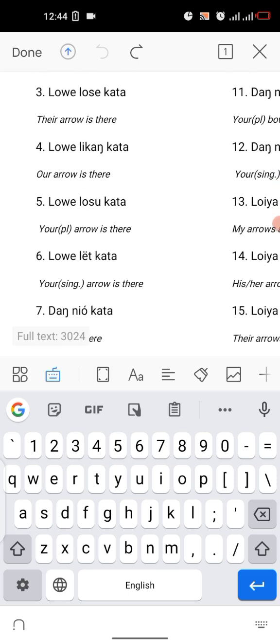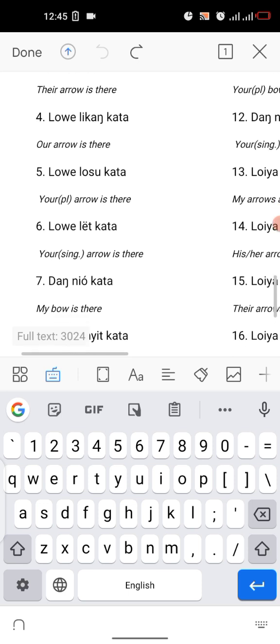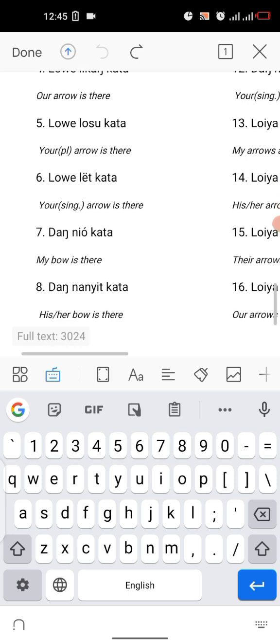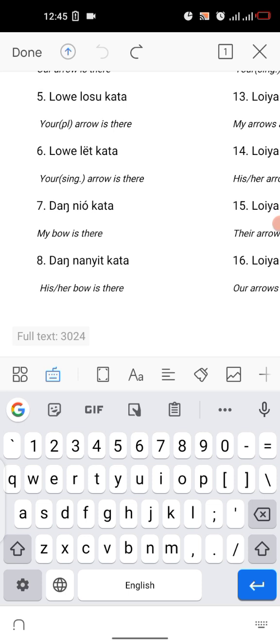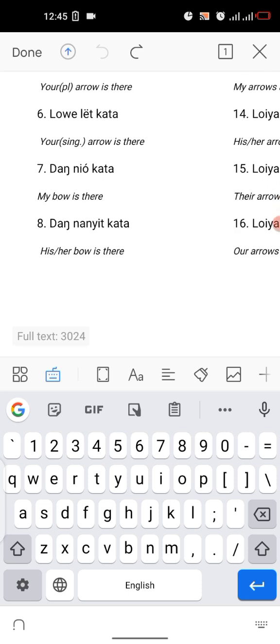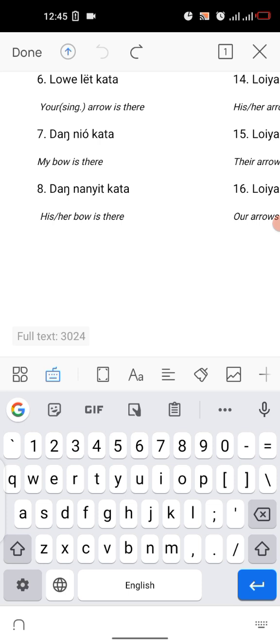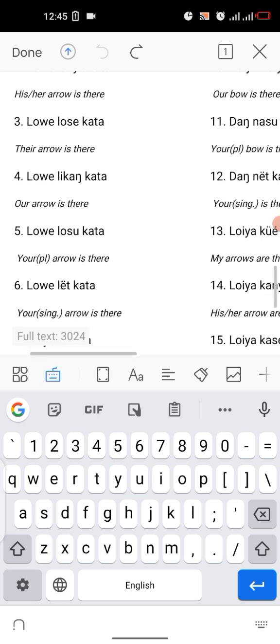Now we are in number 5. Lowe losu kata. Your arrow is there when referring to many people. Number 6, lowe late kata. Your arrow is there when referring to one person. Number 7, dang nio kata. My bow is there. So we say nio here because dang is feminine. Number 8, dang nanyit kata. His or her bow is there.